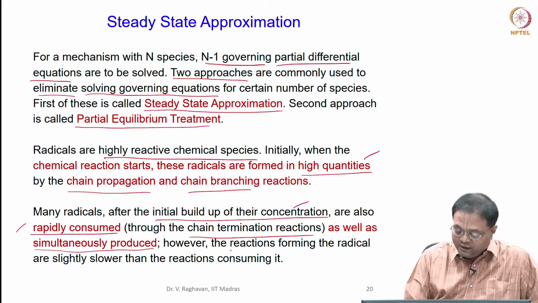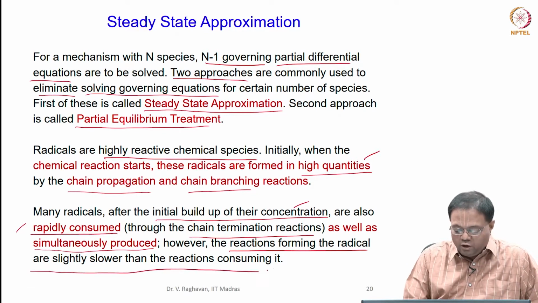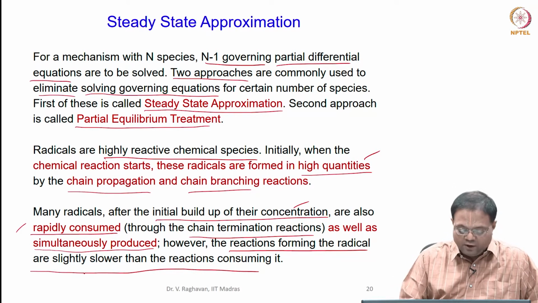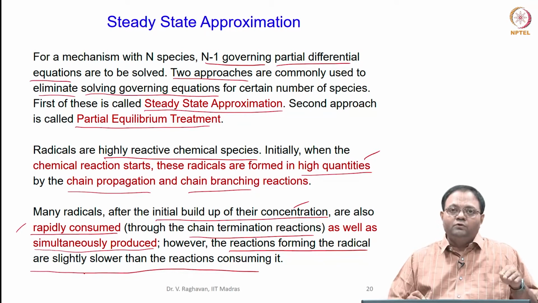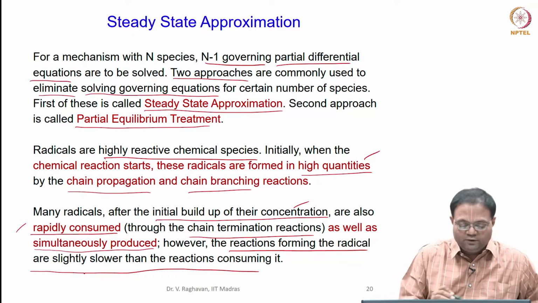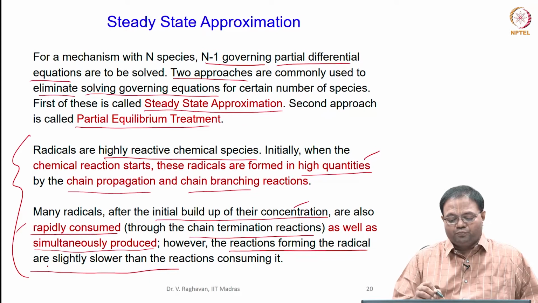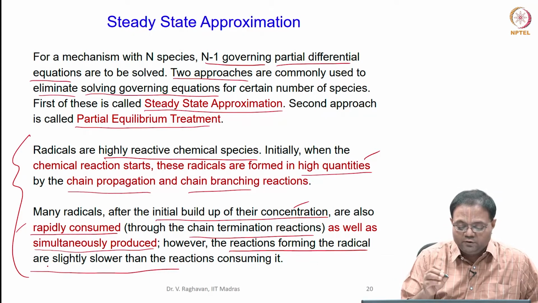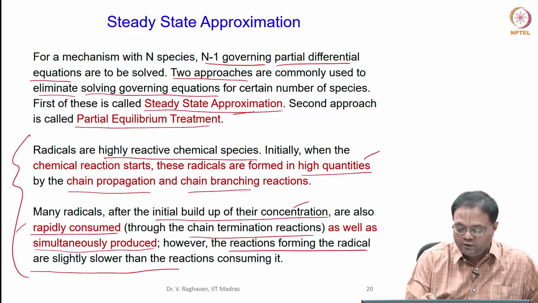However, the reactions forming the radicals are slightly slower than the reactions consuming them. So, the production of the radicals becomes slower and the consumption becomes higher. This happens to several radicals. That is the main thing we have to physically understand in order to select these radicals and put them under what is called steady state approximation.